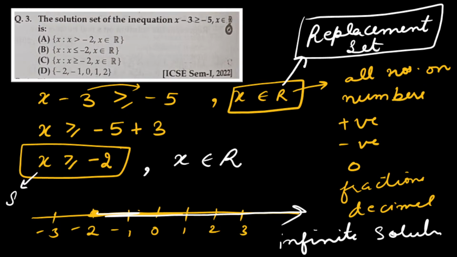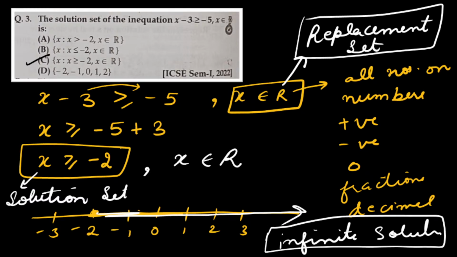This is the solution set. So this is the solution. You can see option C. As it is, we have to write. Numbers we cannot write because real numbers is a set of infinite solutions.